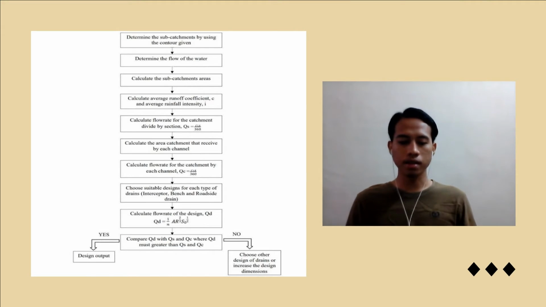Next we can calculate the area of catchment received by each channel. For the next step, we can calculate the flow rate for the catchment by each channel, that is QC equals CIA divided by 360.